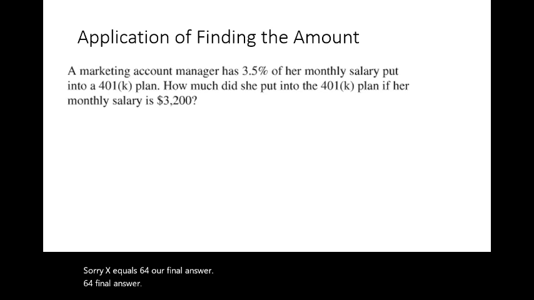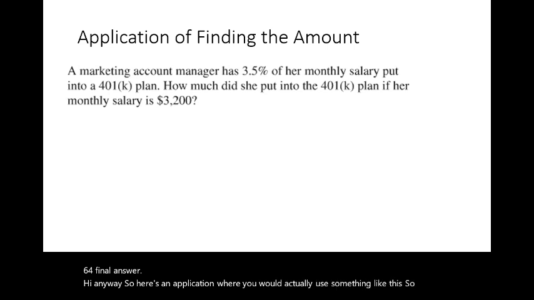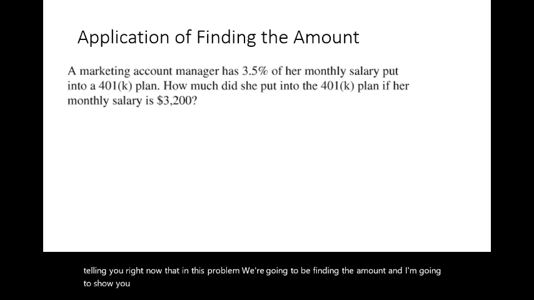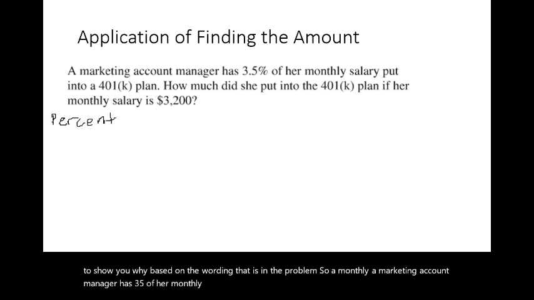All right, anyway, so here's an application where you would actually use something like this. I'm telling you right now that in this problem, we're going to be finding the amount, and I'm going to show you why based on the wording that is in the problem. So a marketing account manager has 3.5% of her monthly salary put into a 401k plan.